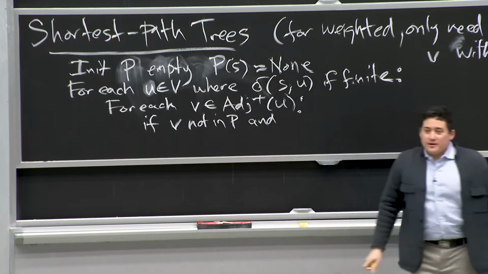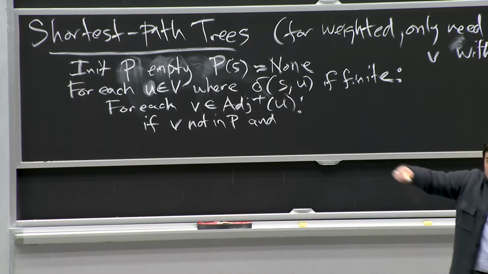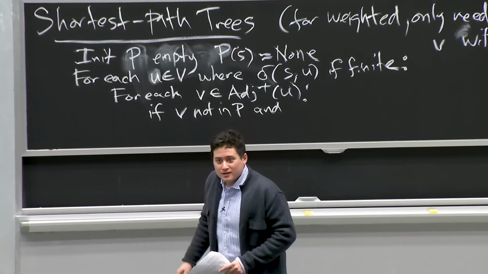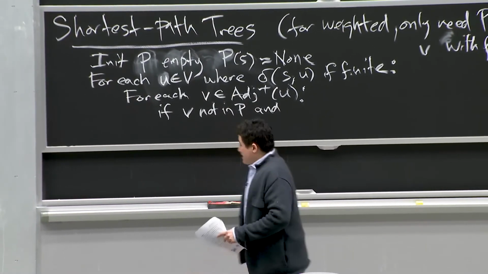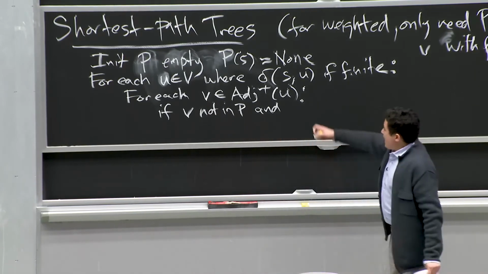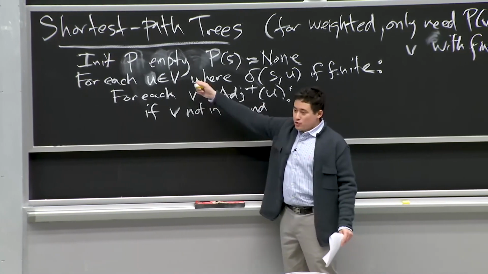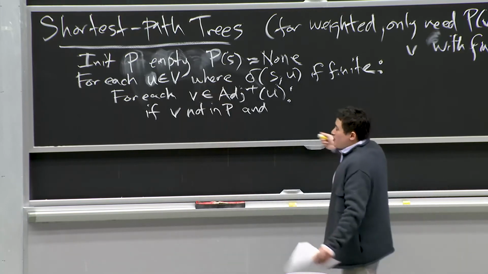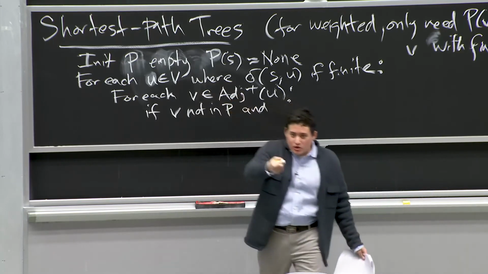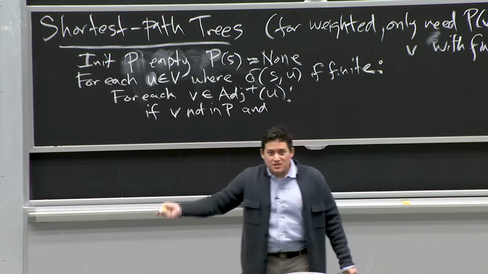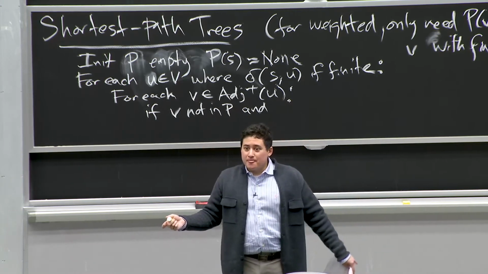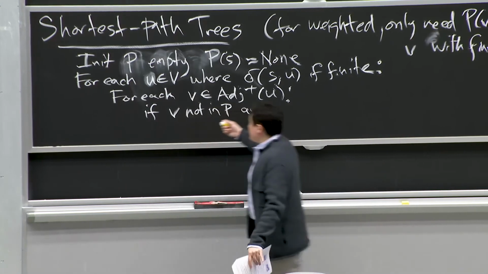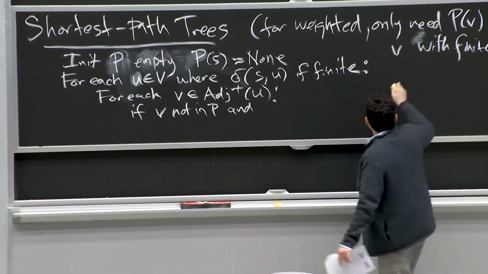When is it my parent? Along the shortest path. Sure. When you sum the distance along the edge to the distance to the other. Yeah, so we have some edge from u to v. It has some weight. If I already know the shortest path distance to u, and I know the shortest path distance to v, let's draw a picture here.